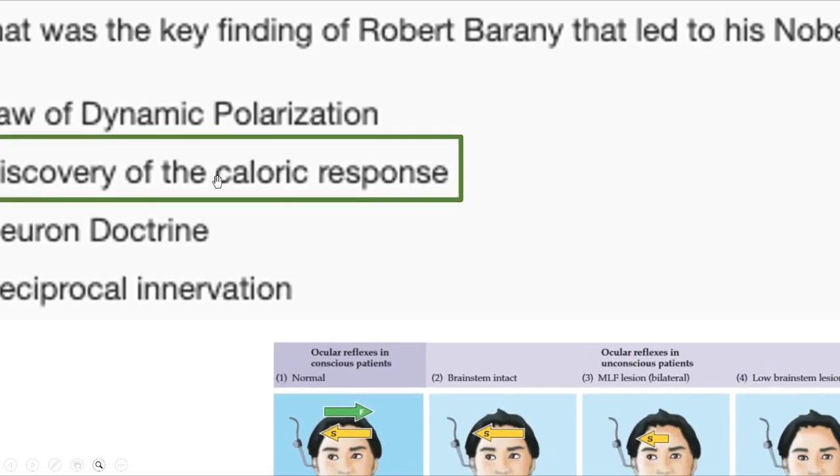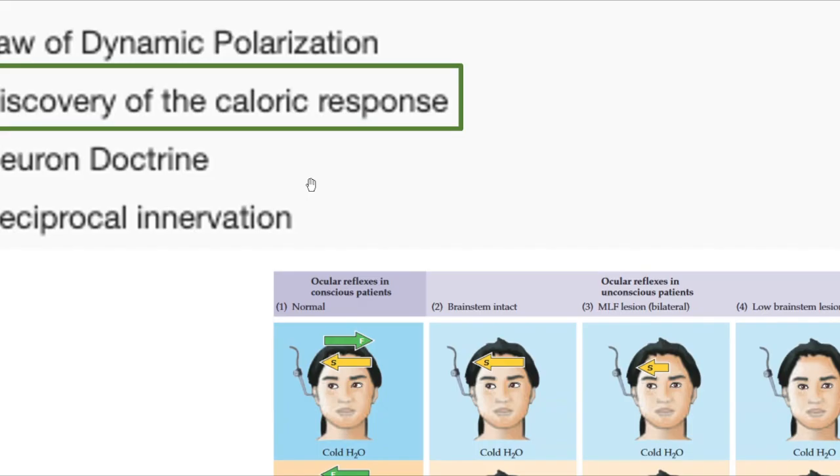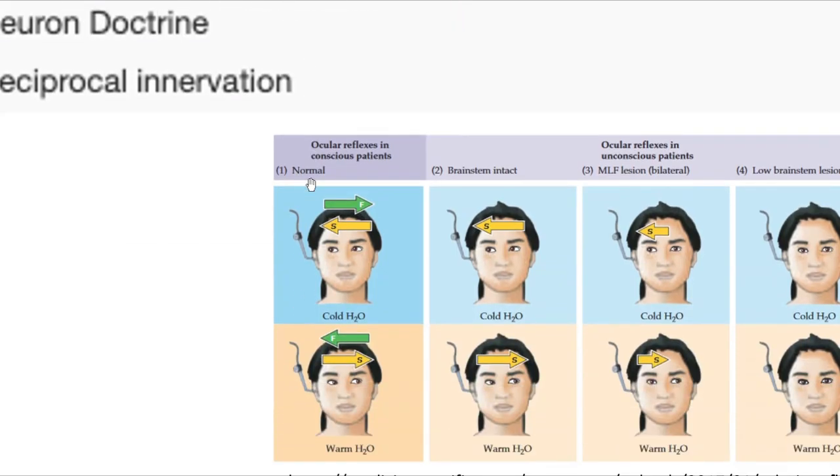So coming back to Robert Barany's finding, he discovered the caloric response. The caloric response says that different temperatures in the inner ear can cause a difference in the flow of the endolymphatic fluid, and because of that the person will experience changes in their sense of balance.